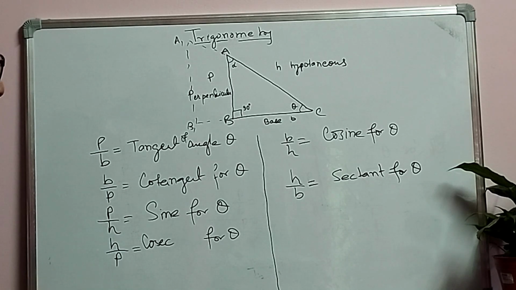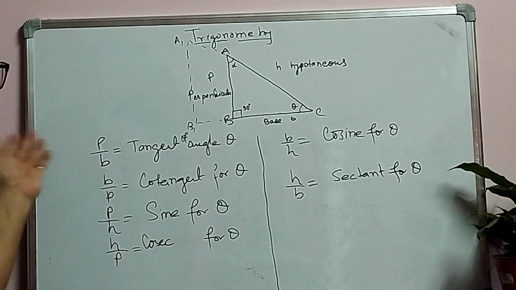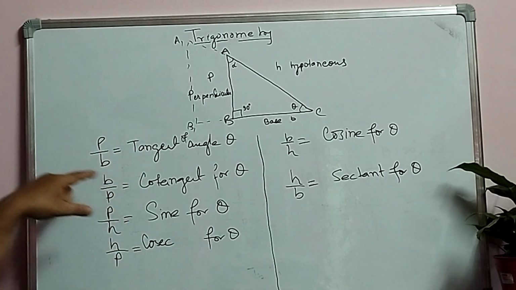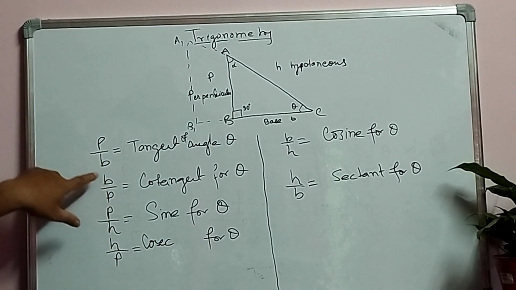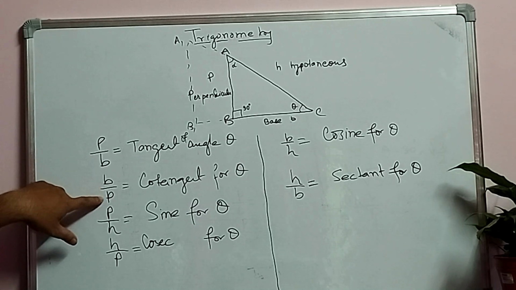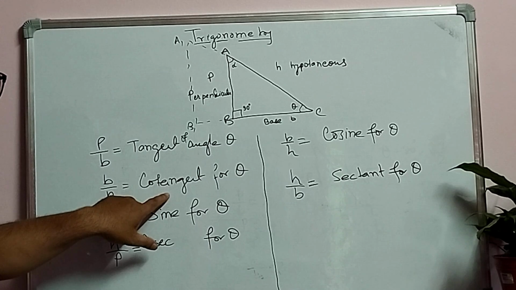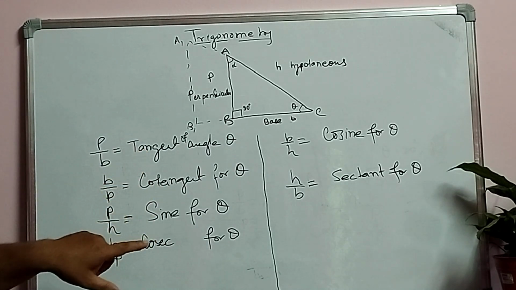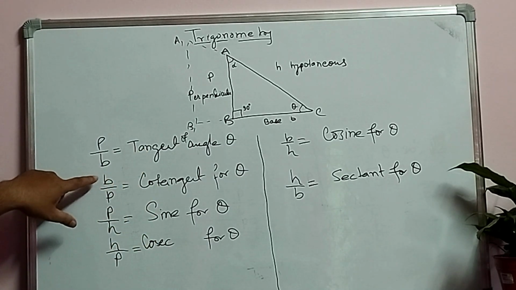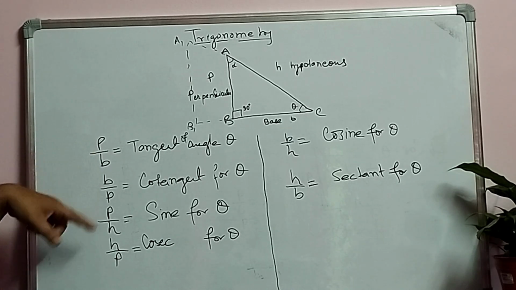And at this time, it will be good to mention that this B by P, or cotangent, is the reciprocal of tangent, because their ratio is inverted.